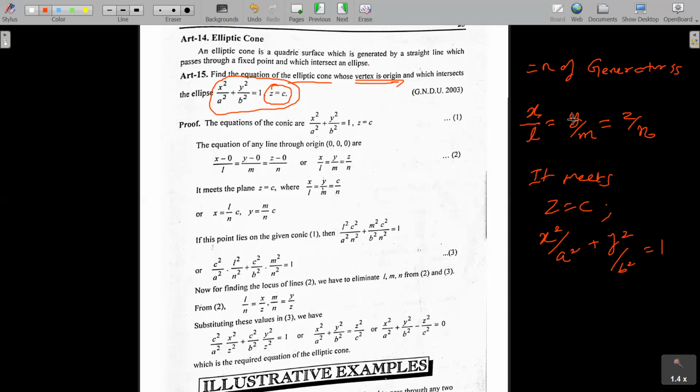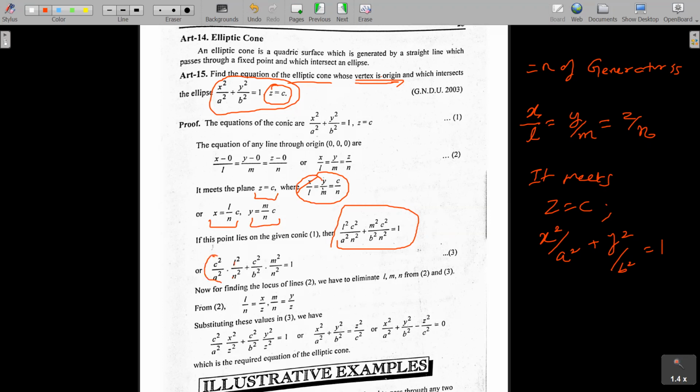So हमें पता है कि ये जो हमारी जनरेटर है ये गाइडिंग कर्व को मीट करती है और गाइडिंग कर्व हमारी कौन सी है, z is equal to c and the ellipse. तो पहले हमने क्या किया, we just put z is equal to c. मोमेंट आपने z is equal to c पुट कर दिया, we get x upon L is equal to y upon M is equal to c by n. तो यहाँ से x की वैल्यू हमने निकाल ली, y की वैल्यू हमने निकाल ली. अब ये जो पॉइंट है ये एलिप्स पे लाई करेगा, so we put the point on the ellipse. So x की जगह LC by n, y की जगह MC by n. So now we get this equation.